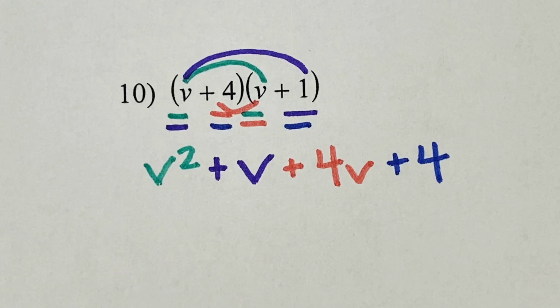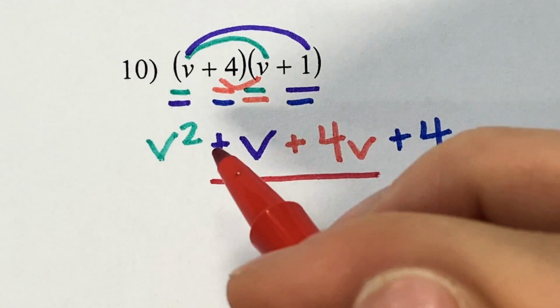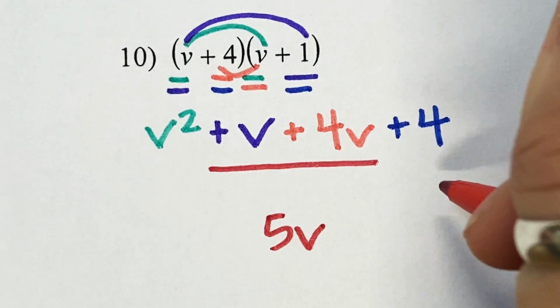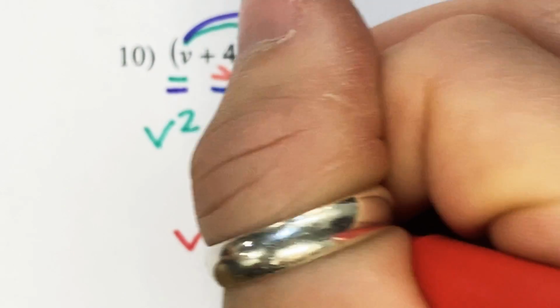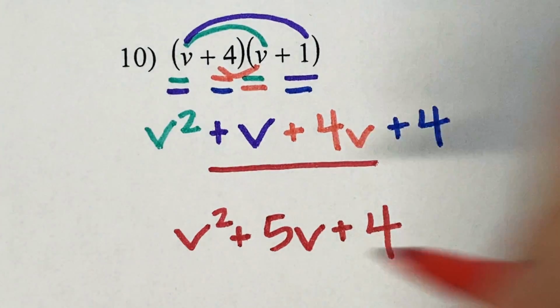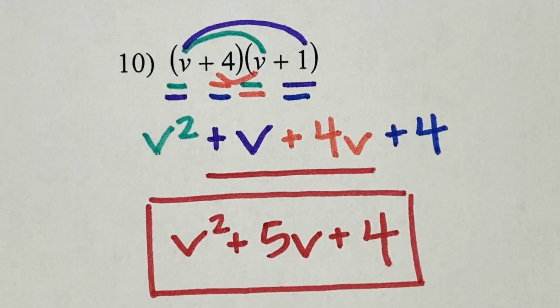Okay, where are my like terms that I can combine? We know that if we follow FOIL, they're always going to be right in the middle. So 1v plus 4v. So what is 1 plus 4? You get 5v. Okay, bring down what's left over. v squared, that's a positive 5v plus 4. And there is our quadratic expression.